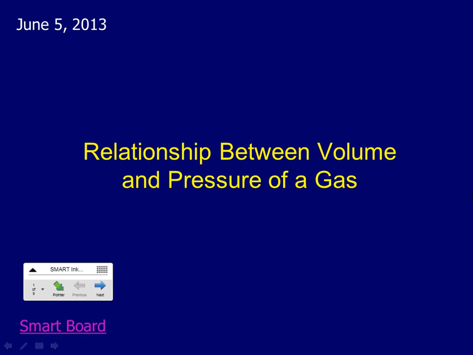And I can then manipulate the volume of the gas and take a look at how the pressure changes, all right? We've kept the amount of gas constant. Once I sealed it off, no gas is allowed to enter or exit. And we're keeping the temperature constant.